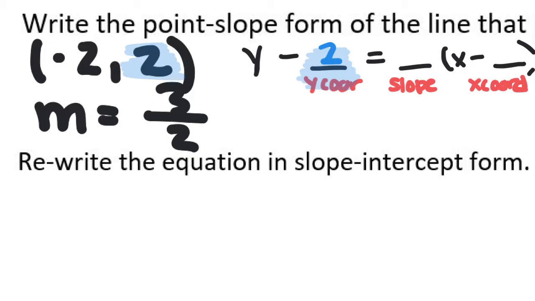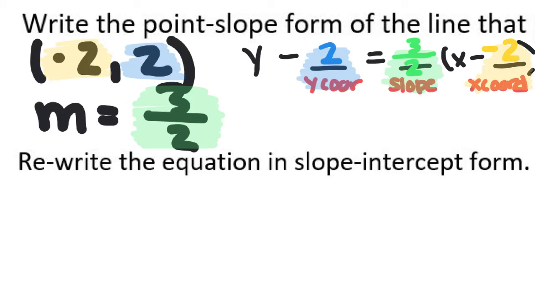Then for the next blank, we need the slope, and the slope is this 3/2, so I can fill in 3/2. And then in the last blank, I need the x coordinate, and the x coordinate of the point is -2, so I can fill in a -2.